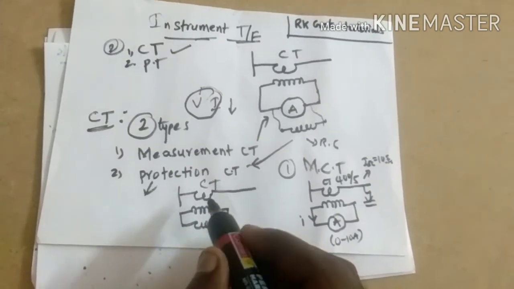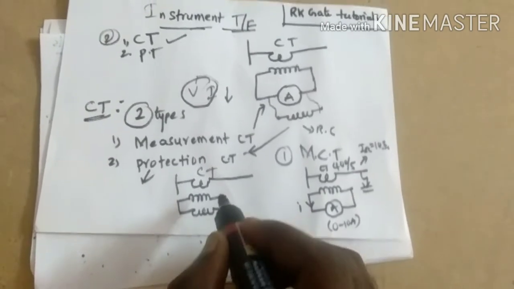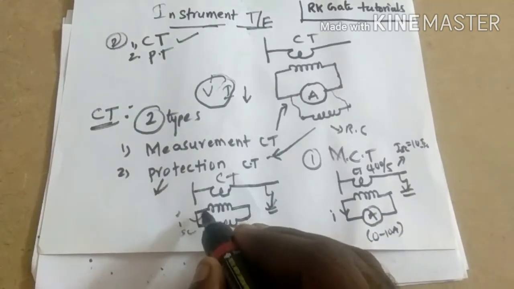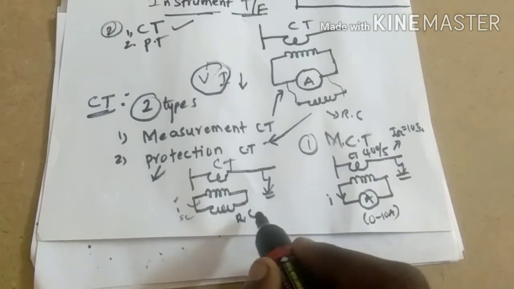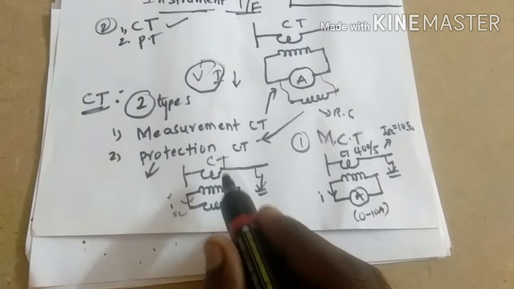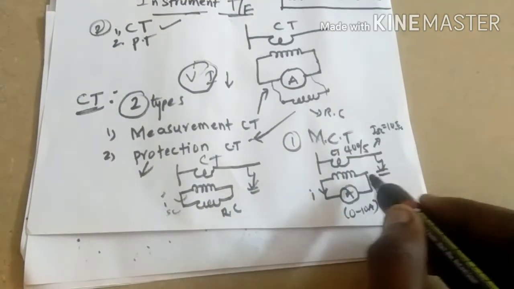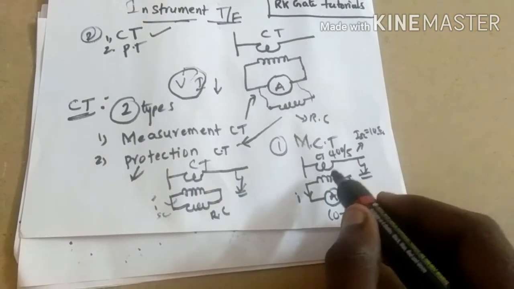It is such that it should reflect the short circuit current onto the secondary of the current transformer, where the relay coil is situated. This is the design of the protection CT. It must allow the fault current, and the measurement CT must not allow the short circuit current onto the secondary of the CT.